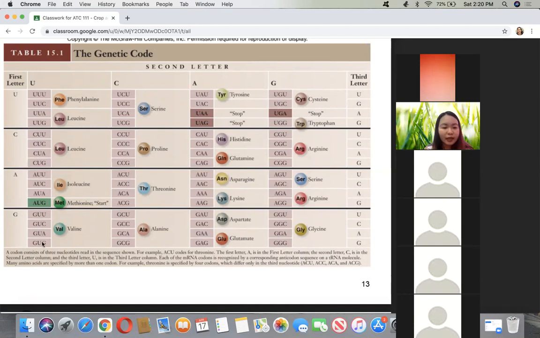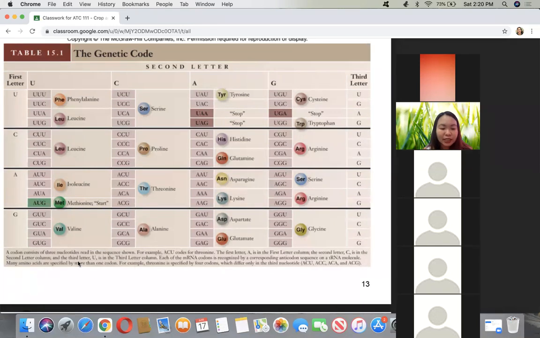So again, the codon consists of 3 nucleotides read in sequence here, and ACU codes for threonine. And for the first letter, A is the first letter column. And the second letter, C, is in the second letter column.